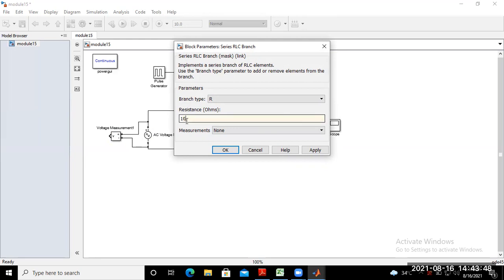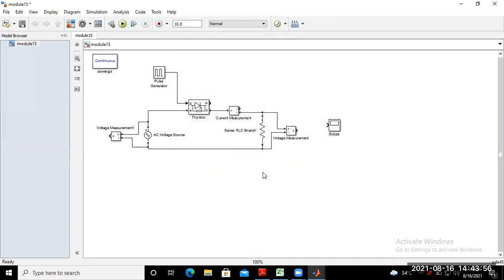So if you put here 10, any specific value of resistance can be put here. Okay. So now this is your purely resistive load. Now we just connect the voltmeters for the input voltage waveform and output voltage waveform, and the ammeter for the output current waveform.